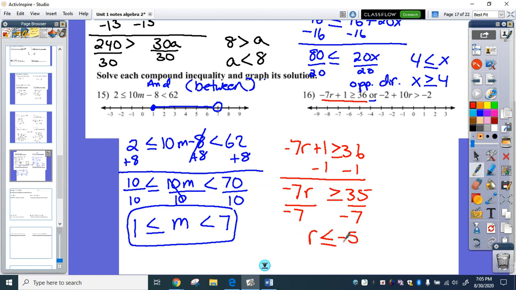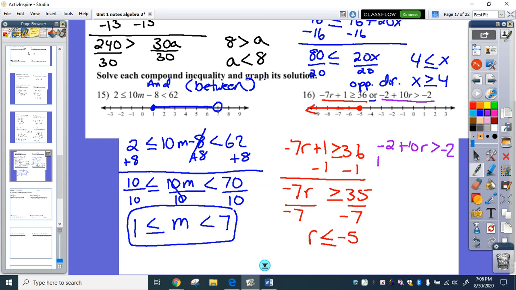So that is the first graph we're going to do: r is less than or equal to negative 5. We're going to have a closed circle at negative 5 and shade less than. Now let's do the other one in a different color. We'll have negative 2 plus 10r is greater than negative 2.